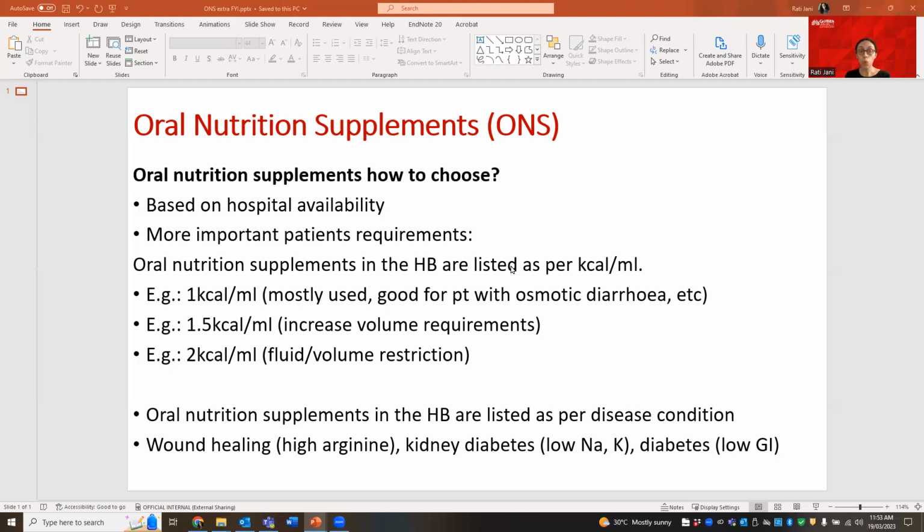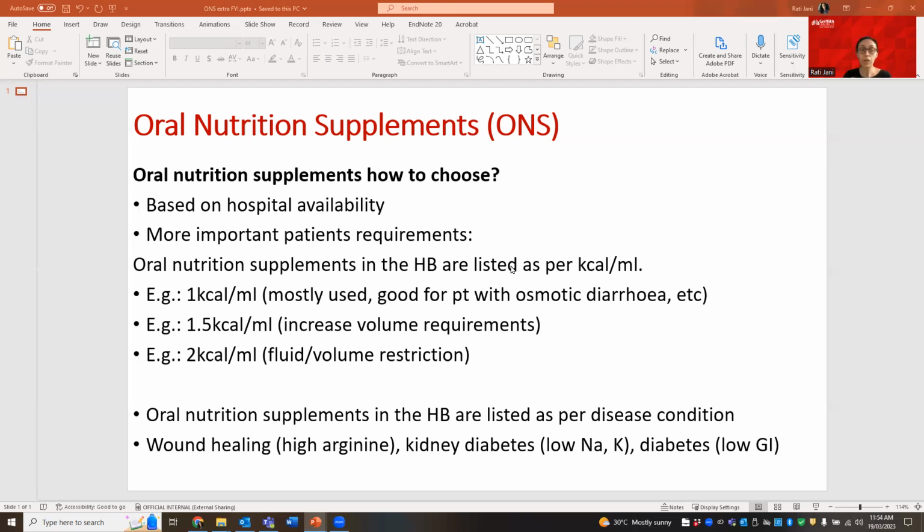All right, but more importantly, how do you choose which oral nutrition supplement is good for your patient? It depends upon the patient's requirement. For example, if you look at the heading of the tables in your nutrition support chapter, the heading clearly lists that these supplements are, say, approximately 1 cal per ml or 1 to 1.2 cal per ml.